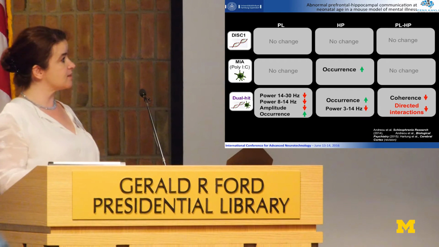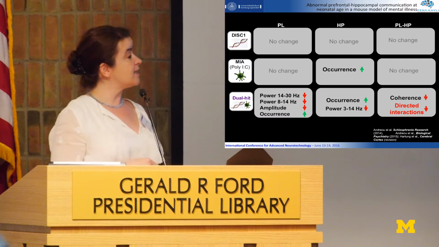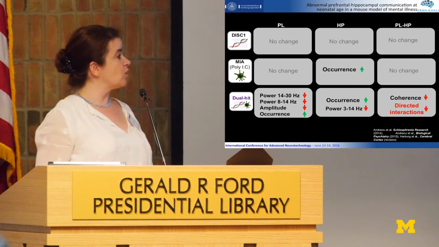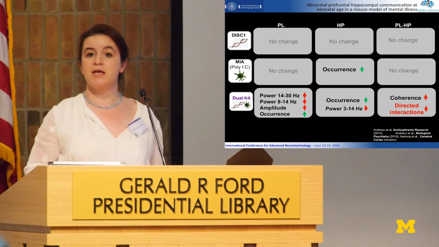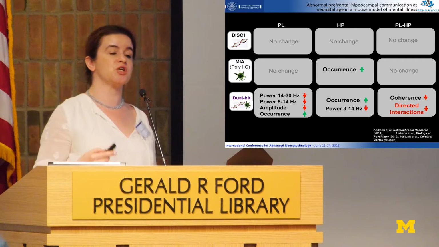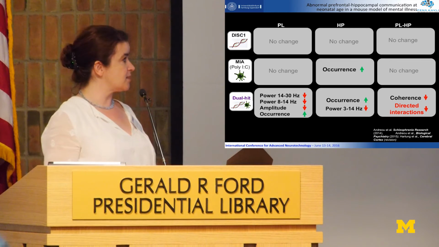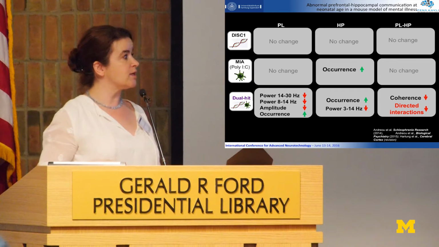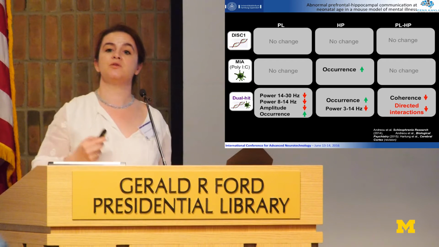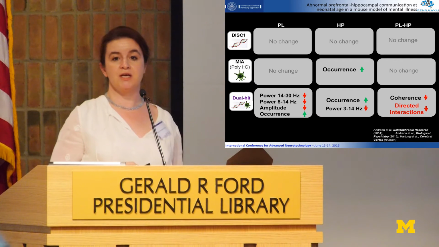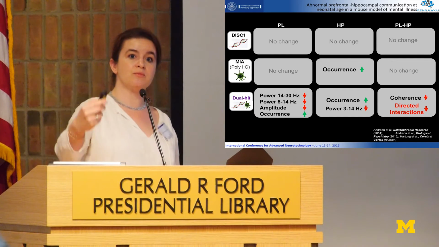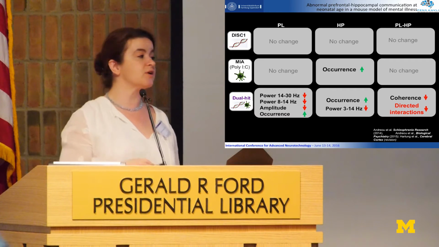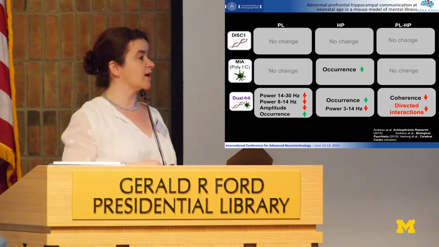And I summarize the whole work: we ended up with the conclusion that only when these two factors come together, there is a massive change in the network properties, in the activity patterns, both at the level of the prelimbic cortex and in the hippocampus. But what was even more interesting is that the coupling between these two areas is disturbed. The drive from the hippocampus to the prefrontal cortex is significantly decreased when these two factors come together.